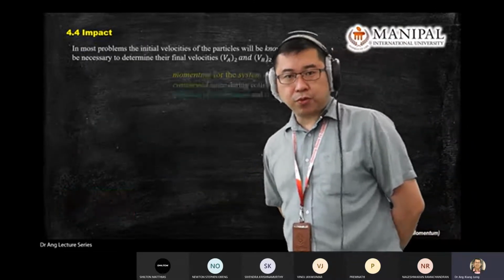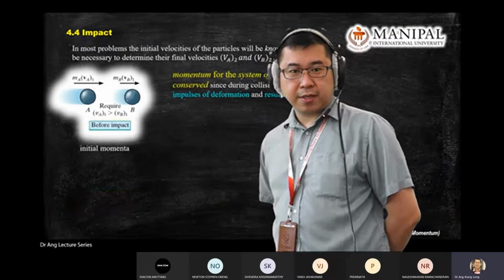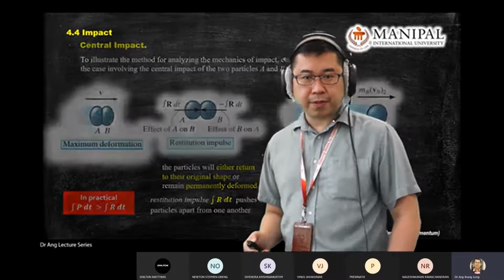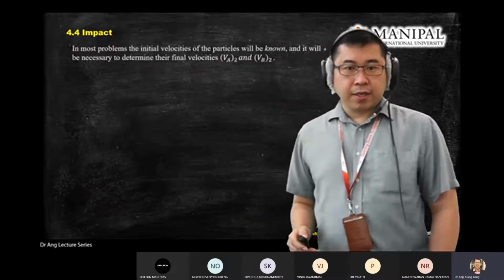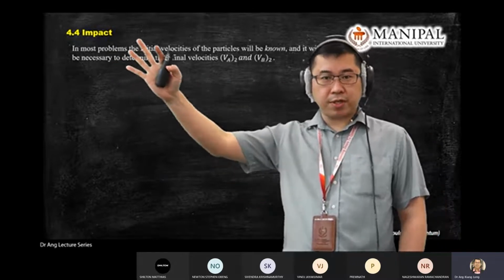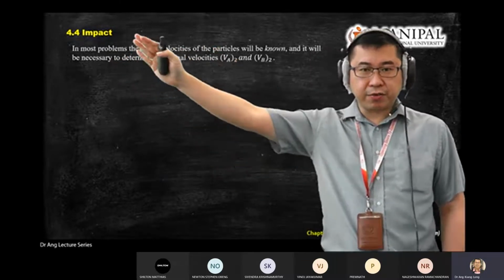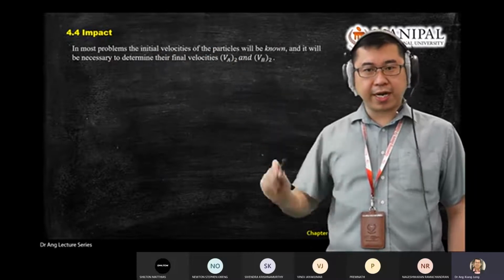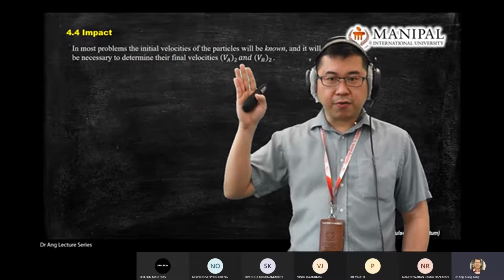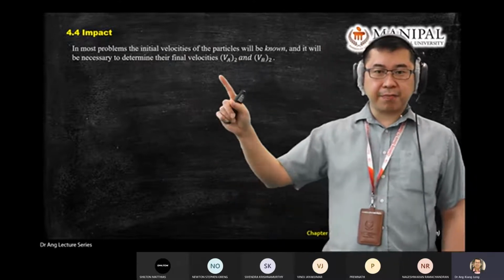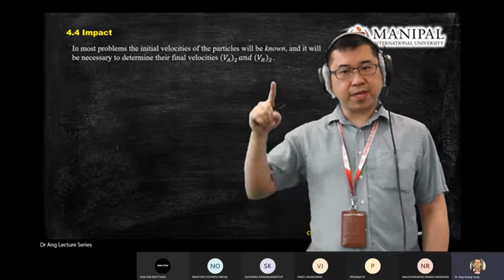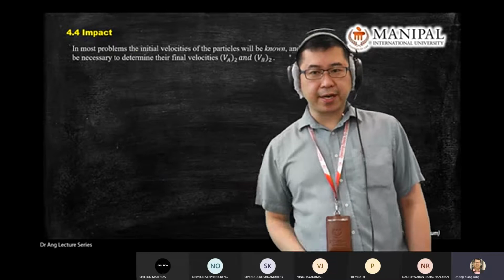Next, we move to explain the impact calculation. In most impact questions, you'll be given the initial velocity before they collide. So you need to determine the final velocity for the two objects, meaning the velocity after, or final momenta.